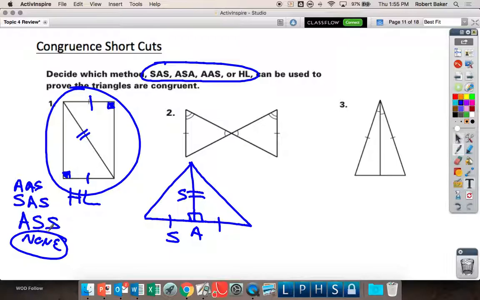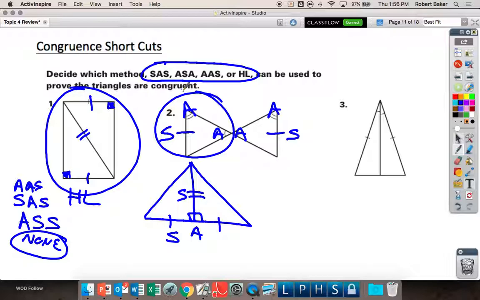Do you want to try 2 and 3 by yourselves, or do you want to go over those? Number 2. So what do you think number 2 is? 4 options. This is a side. This is a side. This is an angle. This is an angle. Now here's the problem. Look at those letters. What do you have 2 of?